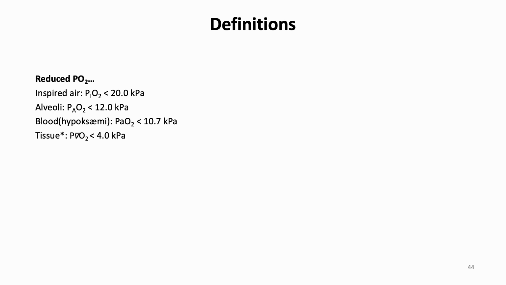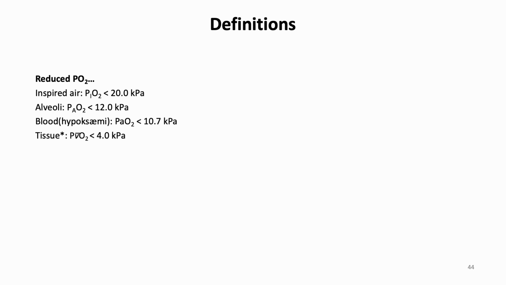And I put a little star here by tissue because when we talk about hypoxia in the clinical setting, we're usually talking about tissue hypoxia. And there's no well-defined threshold for when tissue hypoxia is present, and it also depends on what tissue we're talking about. But a reasonable cutoff is 4 kilopascals.